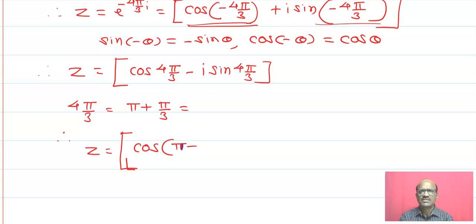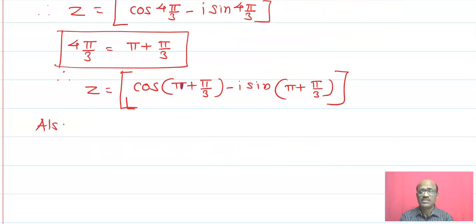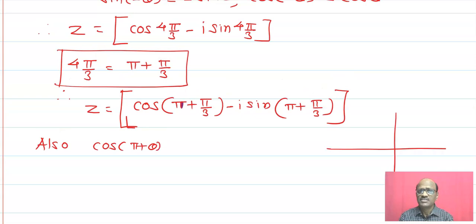It is written like this: pi plus pi by 3. Now there is one more interesting formula, that is cos of pi plus theta.